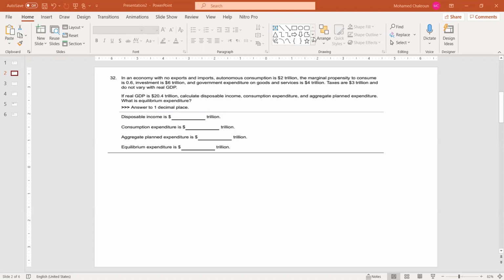So let's start with disposable income. Yes, exactly, Sabih. So disposable income is equal to income minus taxes.